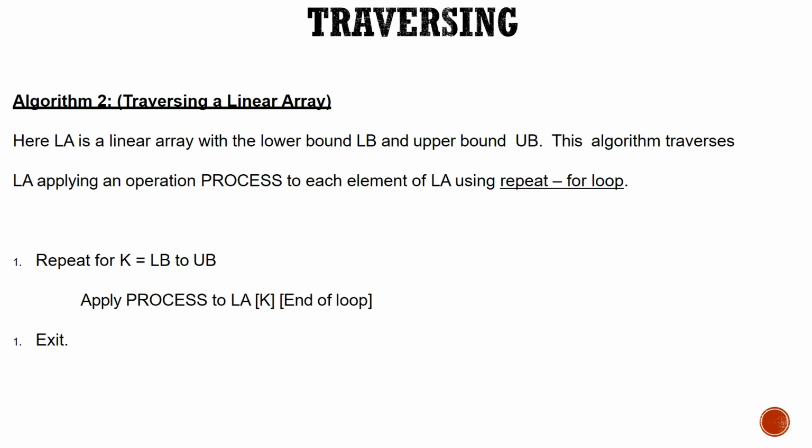Apply processing to LA of k, as I told earlier, it may be printing, counting, or adding, on the array LA at the index k. This will repeat till the value of k is less than or equal to the upper bound. Once k crosses the upper bound, we exit from the loop.